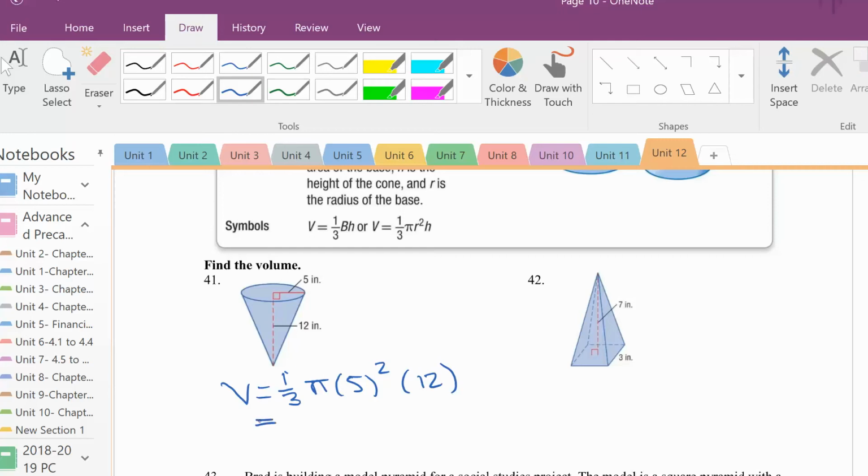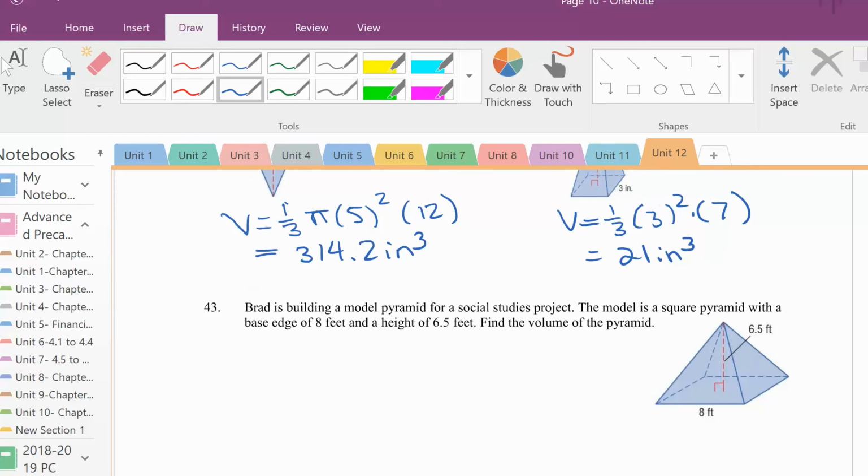When you multiply that out, you get 314.2 cubic inches. Here, the volume, it's a square, so it's 1/3 3 squared times 7. And that is equal to 21 cubic inches.